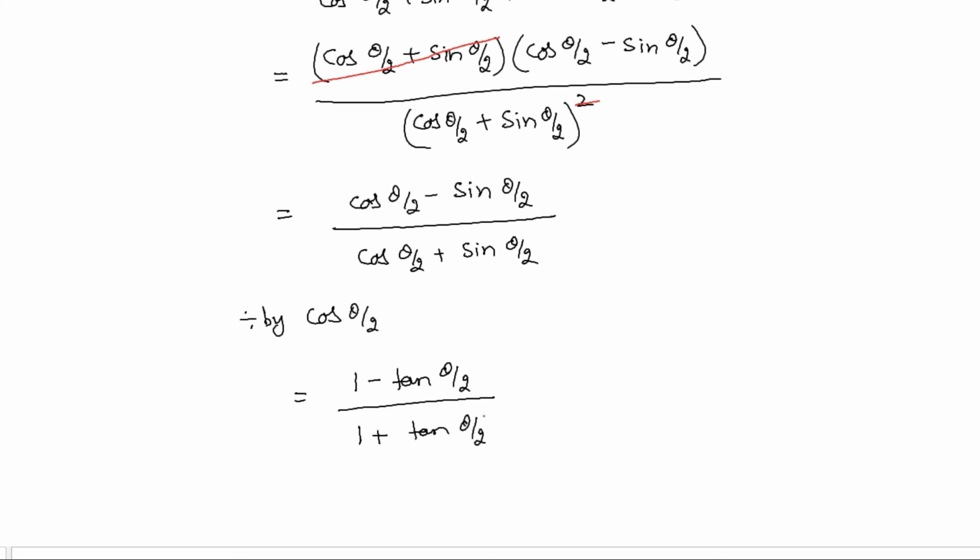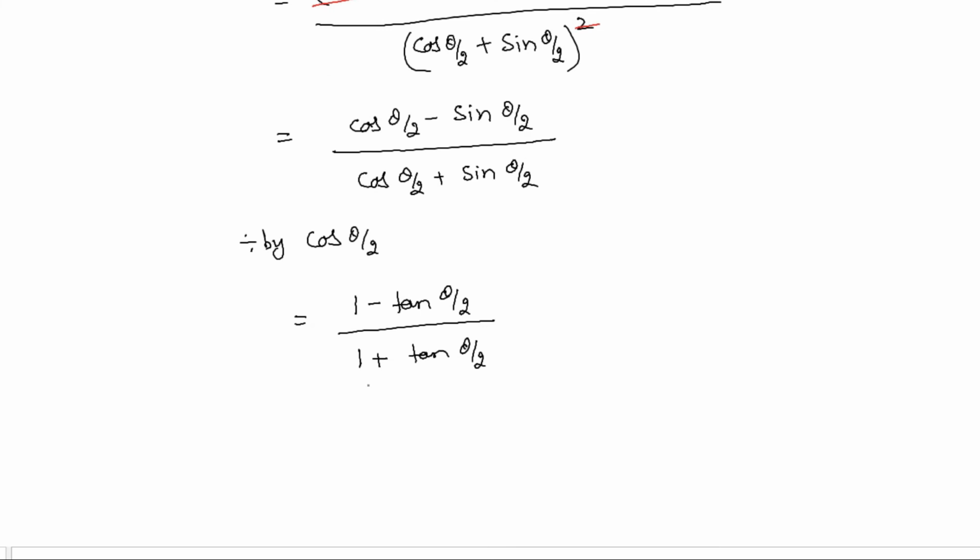So we got 1 minus tan theta by 2 whole divided by 1 plus tan of theta by 2. Its formula is nothing but cot of pi by 4 plus theta by 2.